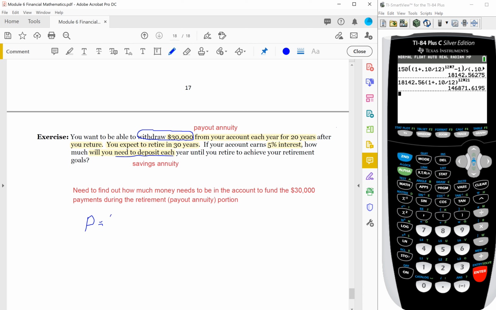It's going to equal the amount of the withdrawals that you make each time period, or each year for us, times 1 minus 1 plus R over K raised to the negative KT, divided by R over K. Okay, so here, our withdrawal that we're going to make each year is going to be the 30,000.